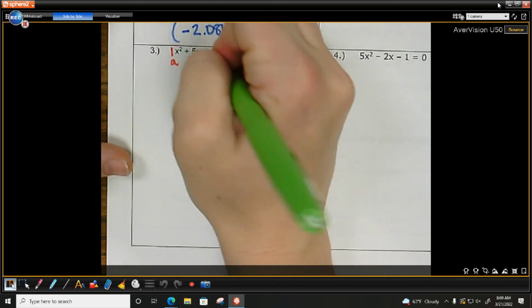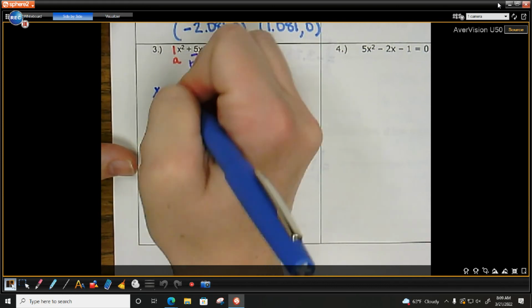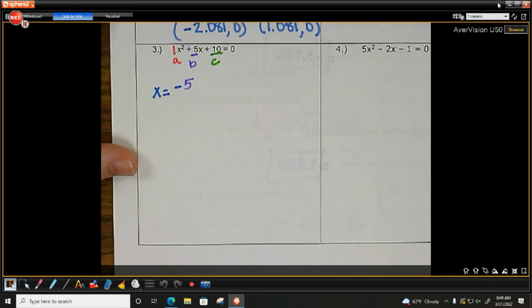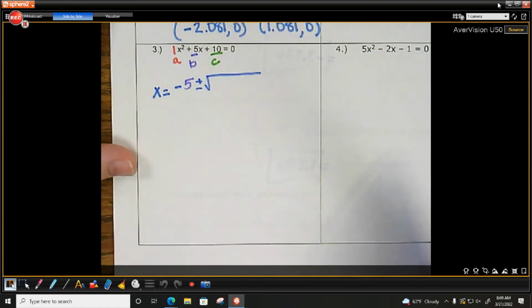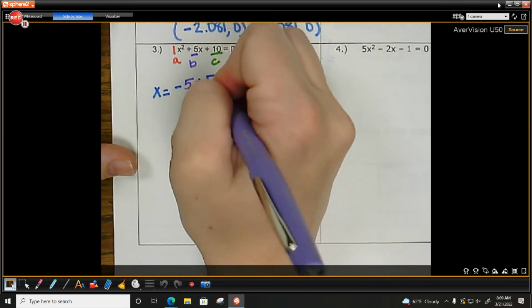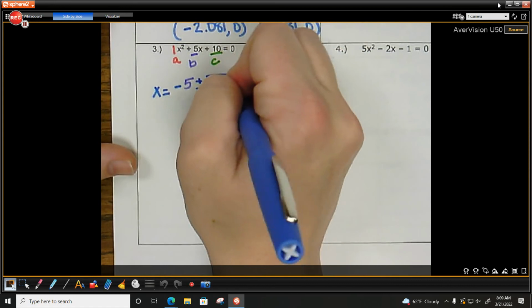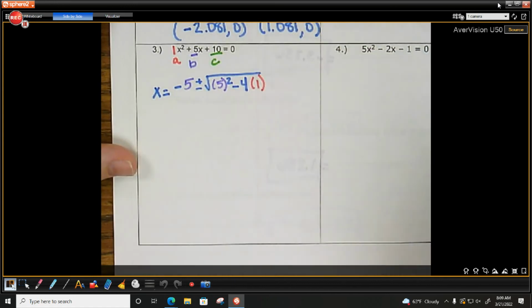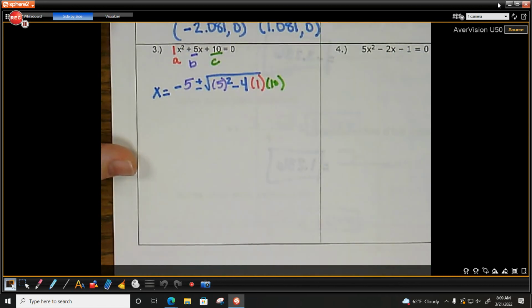So we're going to do x equals negative b plus or minus the square root of b squared minus 4ac, all over 2a.